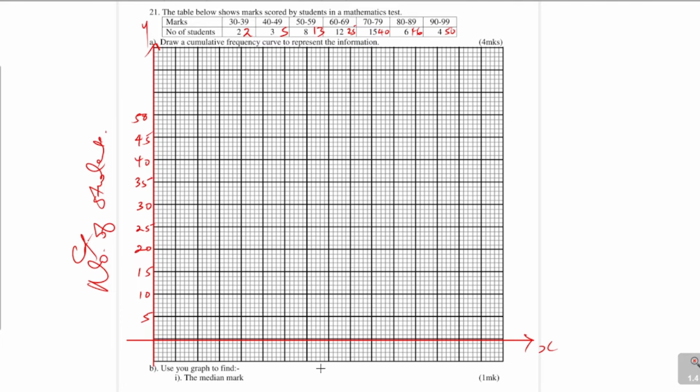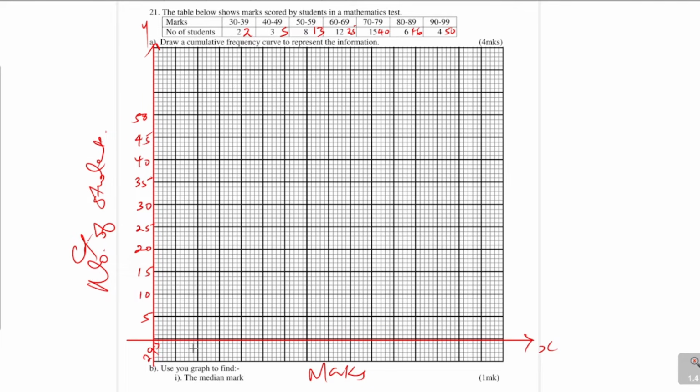Then the x-axis, we use the upper class boundary. Because the first upper class boundary is 39.5, we can start a little bit lower, with the lower class boundary of that class, 29.5. I will use 2 centimeters to represent 10.